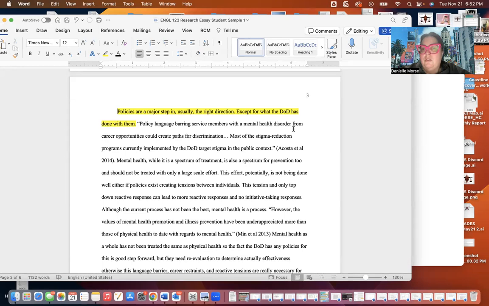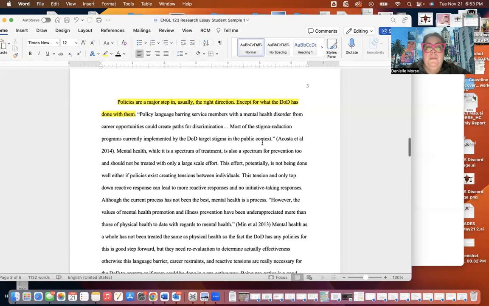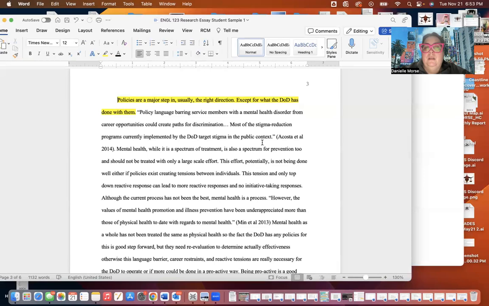This is also a slightly better topic sentence because they've mentioned the DoD and policies. So I anticipate that this paragraph will be on those two things, which is desperately needed in this essay right now. They're saying policies are usually a step in the right direction.